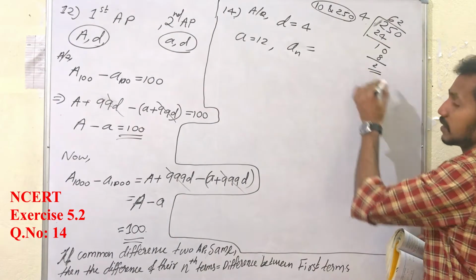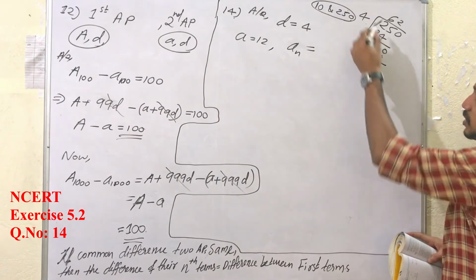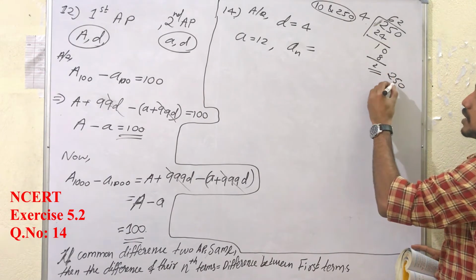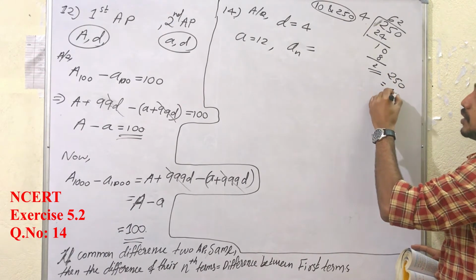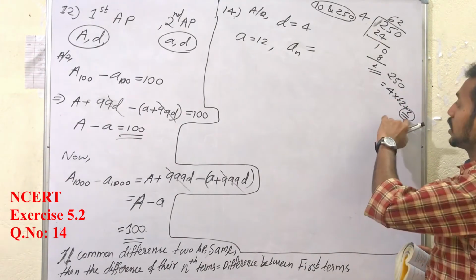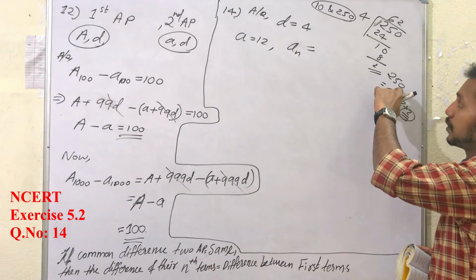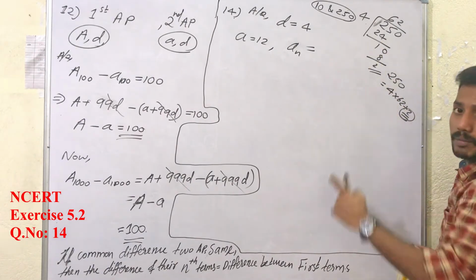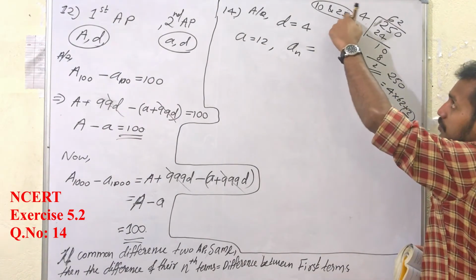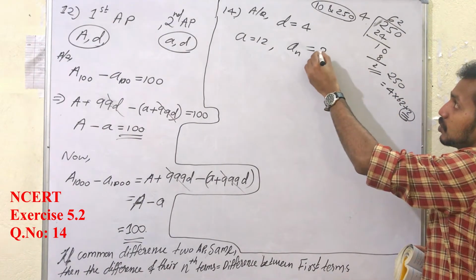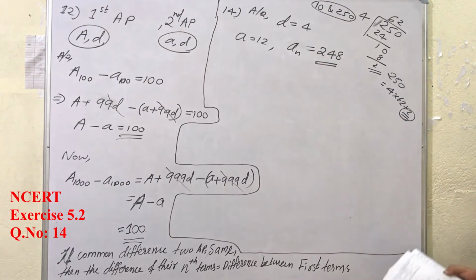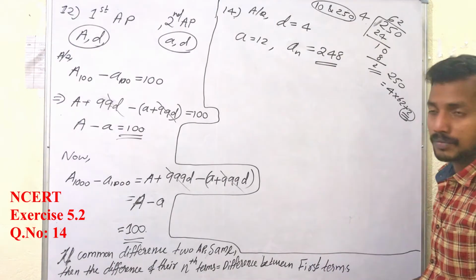The remainder is 2. According to the Euclidean algorithm, 250 is equal to 4 into 62 plus 2. So if we subtract this remainder from 250, the number will become a multiple of 4. So we subtract 2 from 250, which is equal to 248. That will be the greatest multiple of 4 between 10 and 250.